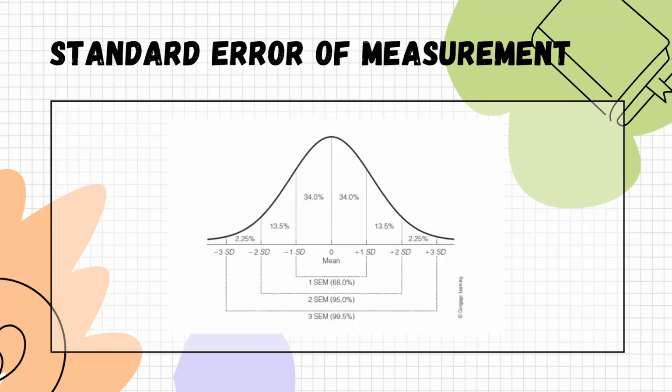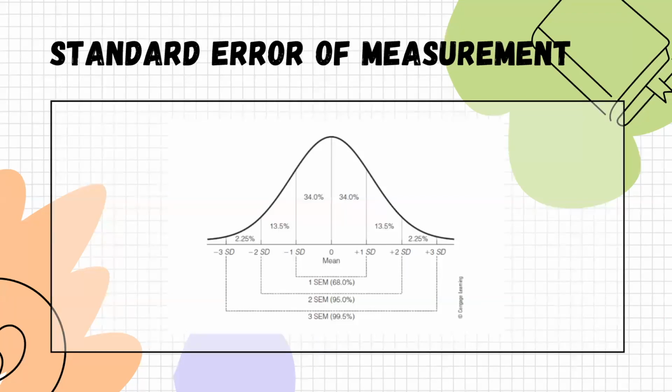And here we have a chart on the standard error of measurement. When the standard error of measurement, the SEM, is 1 on a normal curve, it has a specific relationship to the percentages of scores falling within one standard deviation. On a normal curve, about 68% of all the scores fall within one standard deviation of the mean.